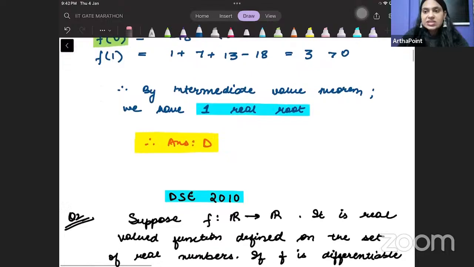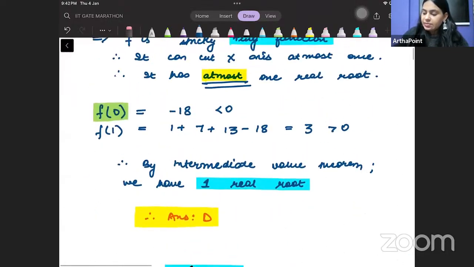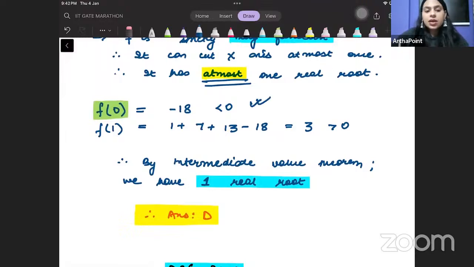So when I plug 0 into the function, I see that I am getting a negative answer. And similarly, when I plug in 1 into the function, I am seeing that I am getting a positive answer.